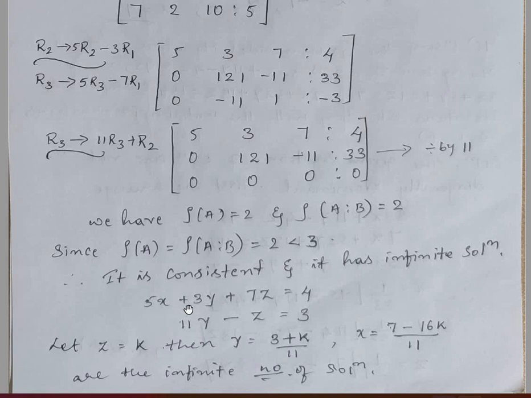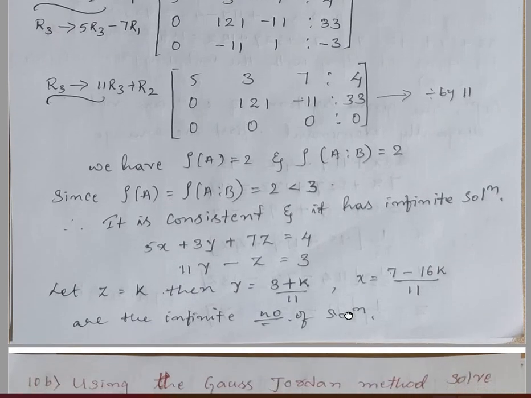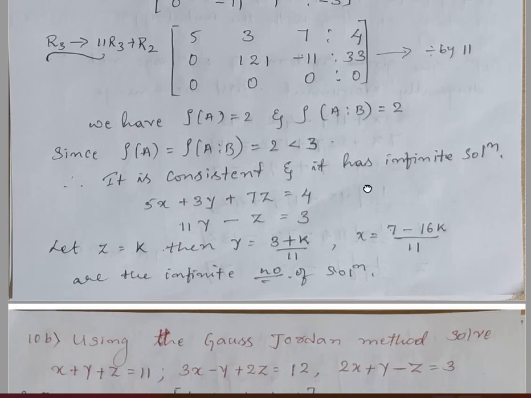Substituting z equal to k in the above equation, I will get the value of y as 3 plus k by 11. Substituting the y value and z value in equation 1, I am going to get x as 7 minus 16k by 11. So this is the infinite number of solutions for the given system of equations. So this carries 6 marks.